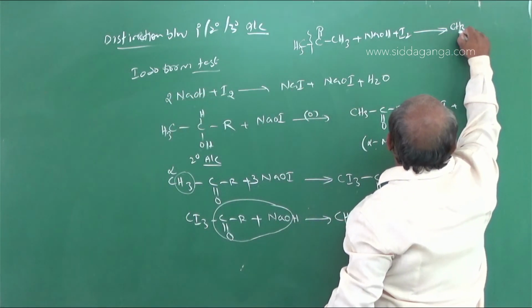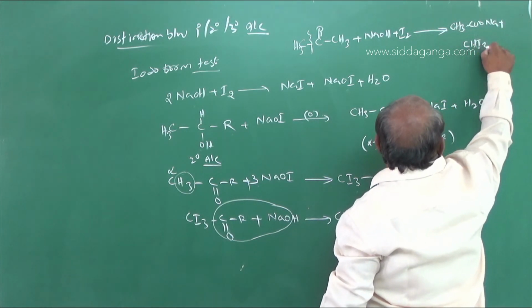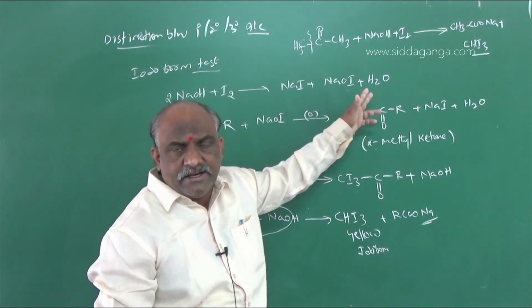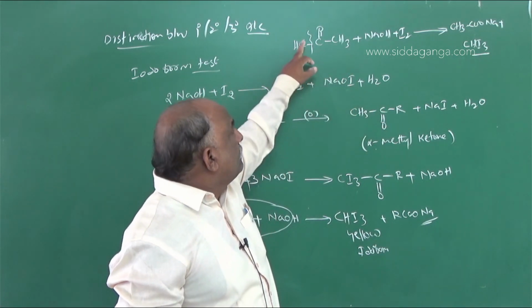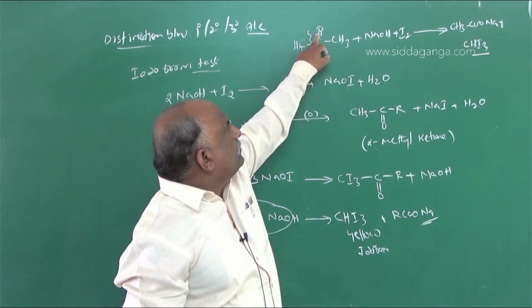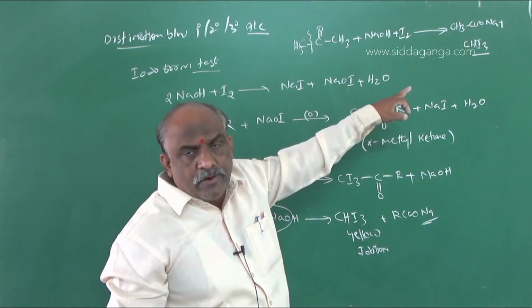After breaking, you will get CH3COONa plus CHI3. That is, CH3COONa plus this methyl group converted into iodoform, CHI3.